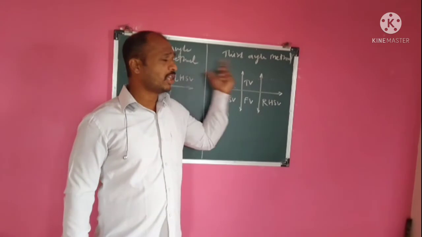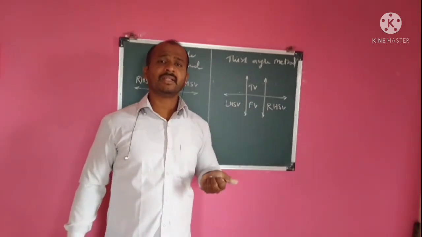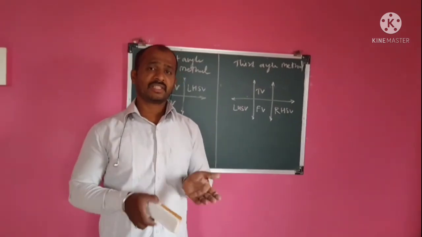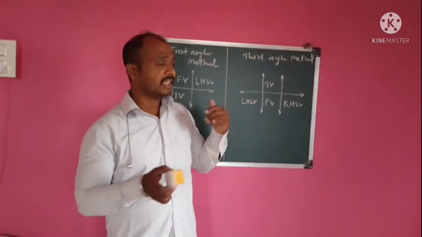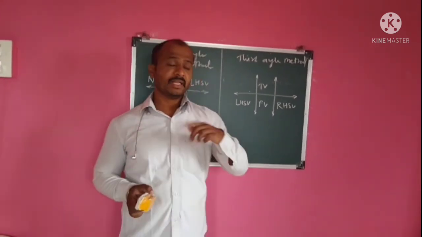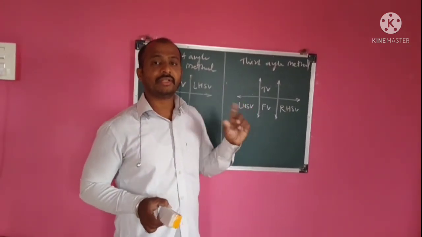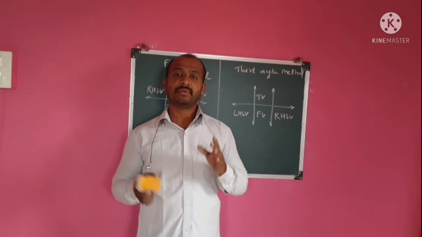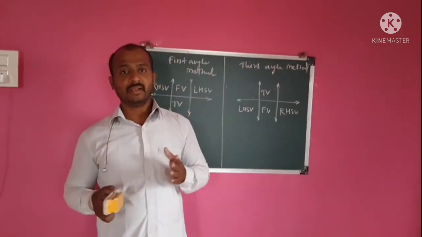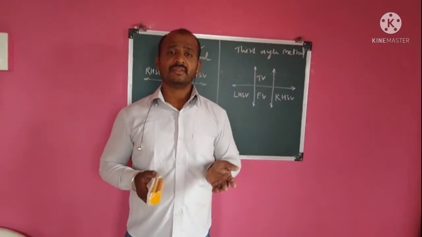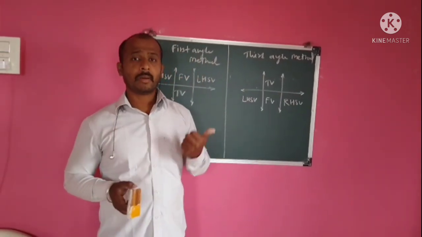So from this we understand what the third angle method is and what the first angle method is. Do remember, first go through the first lecture on the types of principal plane. Then go through this lecture so that you can understand the difference between first angle and third angle method. In the next lecture we will see the projection of points.